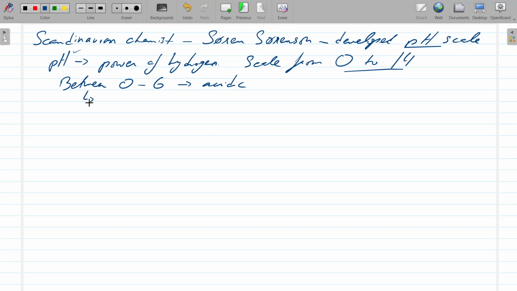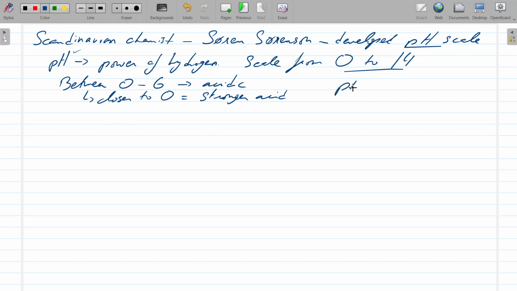And the closer to 0 it is, the stronger the acid. Remember strength? We talked about strength yesterday. The more it can dissociate, giving up the proton. So the closer the pH is to 0, the stronger the acid.